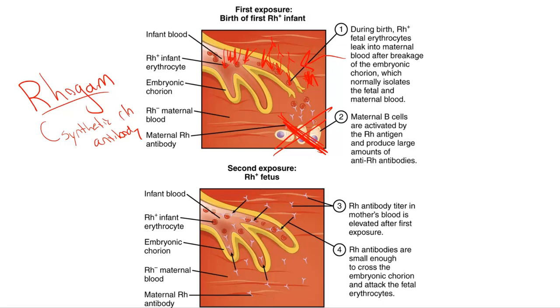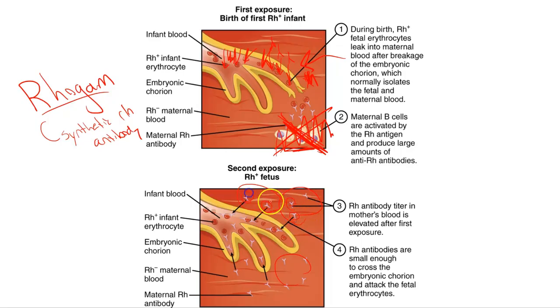Okay, so then on the second pregnancy, there aren't these antibodies sitting around because of an immune response that happened, the memory cells that were made. The RhoGAM comes into the system and then it goes away, and we avoid the immune response altogether, so that on the second pregnancy there aren't these anti-Rh antibodies.